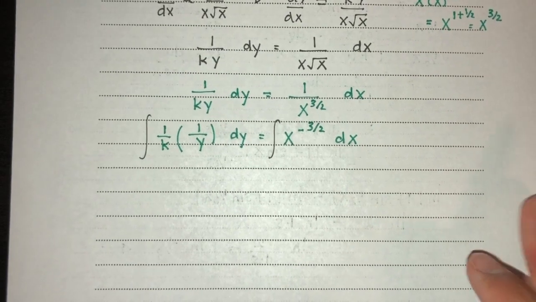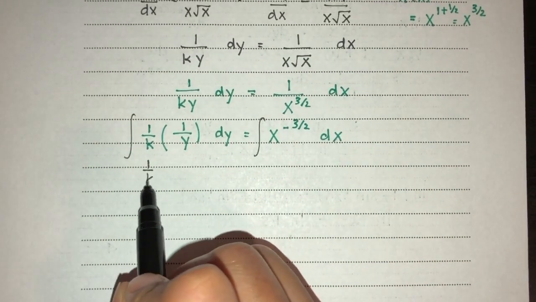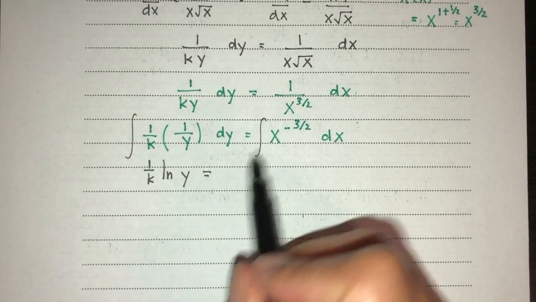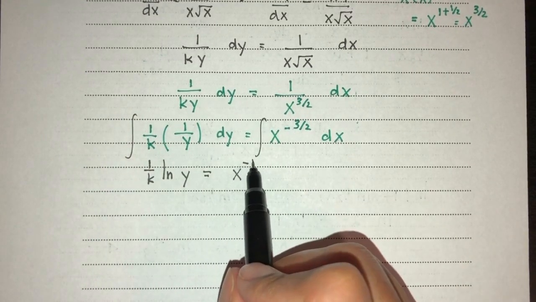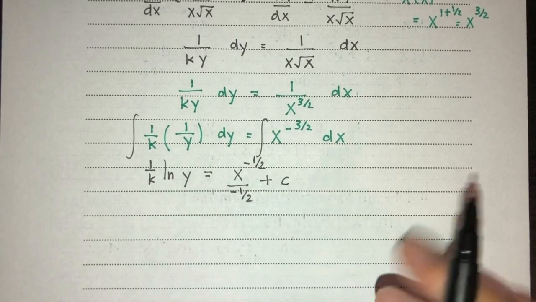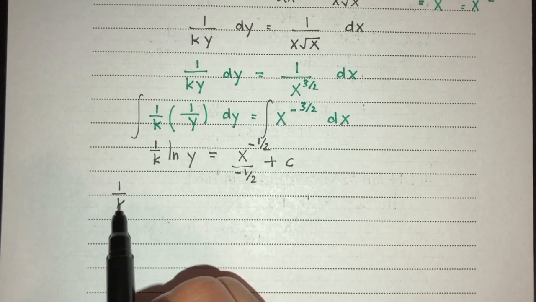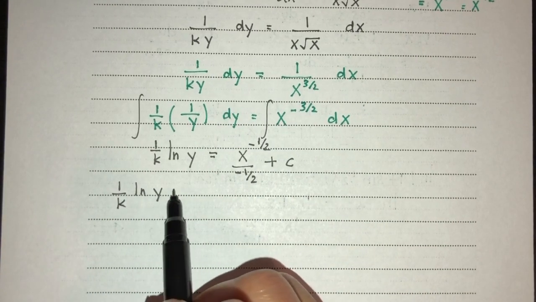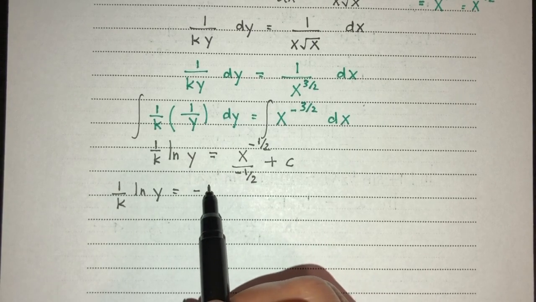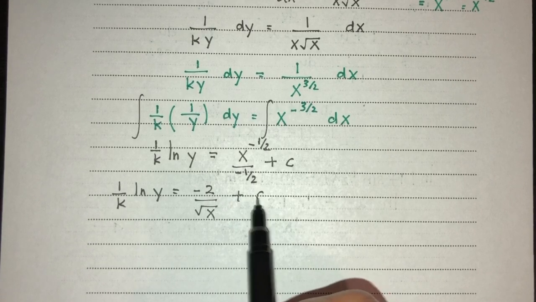So step by step, first this one will become what? Take out 1 over k, you will have ln y is equal to, you have to add 1, so it becomes minus half, divided by minus half, plus c. So this will give you 1 over k ln y is equal to minus 2 divided by root of x plus c.